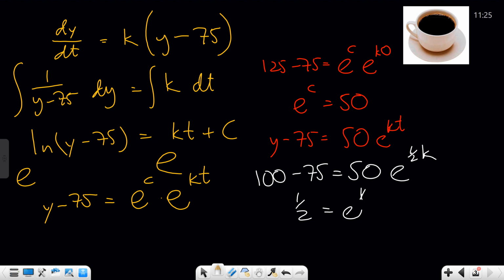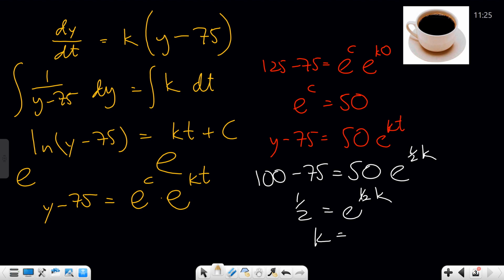1/2 is equal to e to the 1/2 k. So k is equal to, will k be positive or negative? All right, well, let's see. By the way, I keep skipping this step because I'm assuming you're okay with solving for k in this case. Is that accurate? Take the natural log of both sides, divide by 1/2.